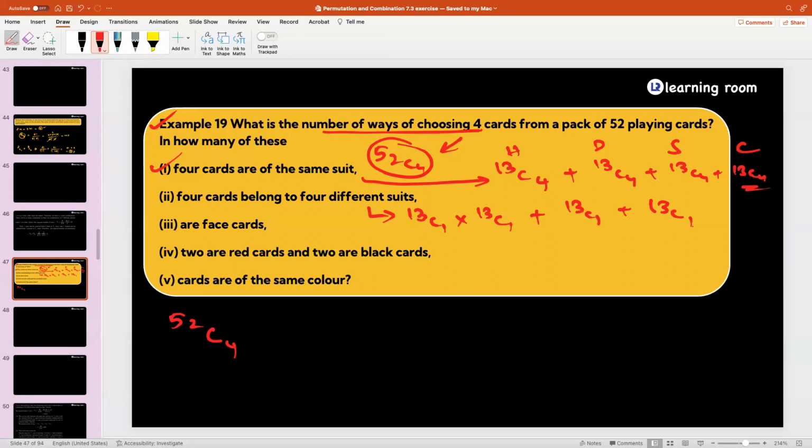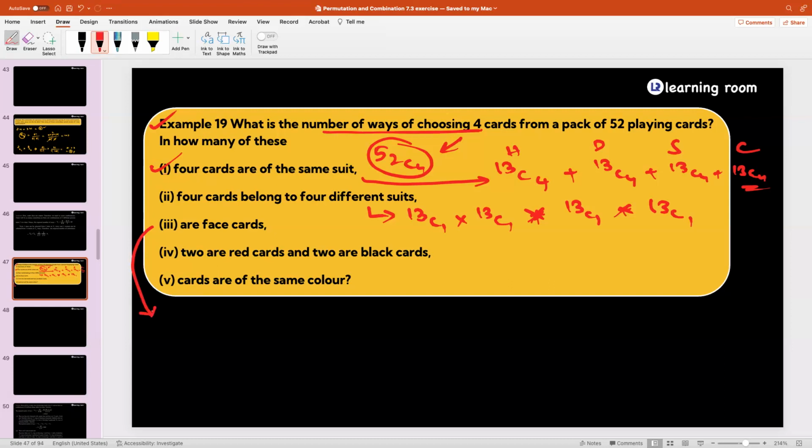Sir, so is it 13C1 into 13C1 into 13C1 into 13C1? For the third one, what is going to be the answer? All are face cards.